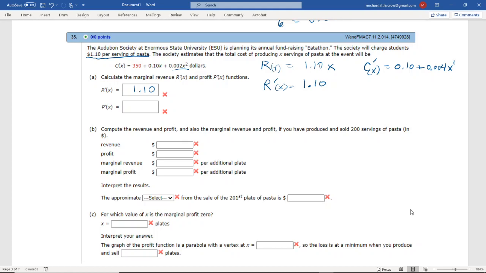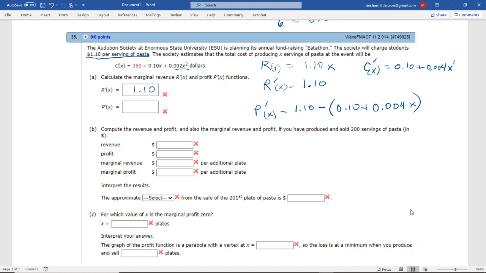Okay, so there's our cost function, revenue function. Now be careful when you do this subtraction to get the marginal profit function directly. It's going to be marginal revenue, 1.10, minus the marginal cost. Now this negative has to distribute through. I've just seen too many times where a student will have everything else set up correctly but does not put this parenthesis, so it doesn't get distributed, and again you get an incorrect answer.